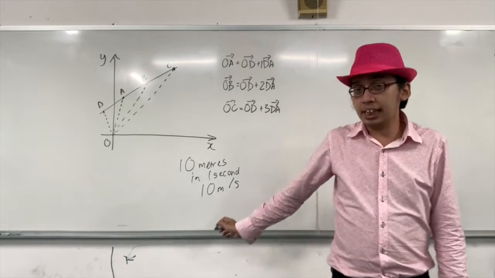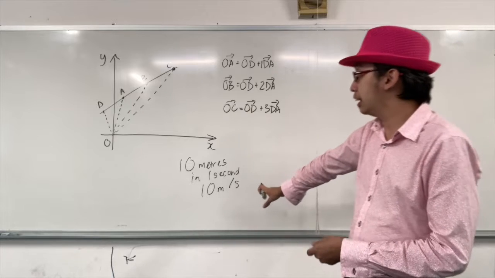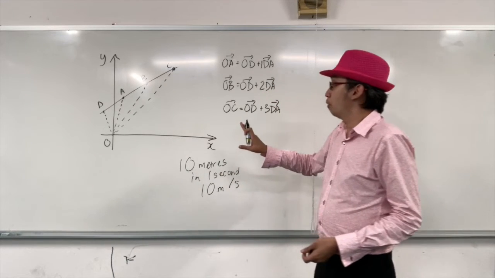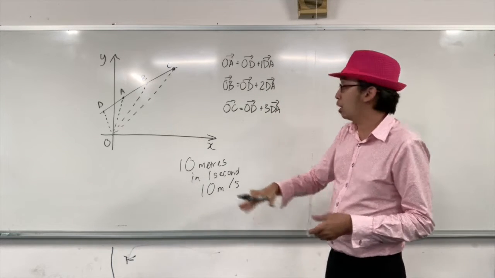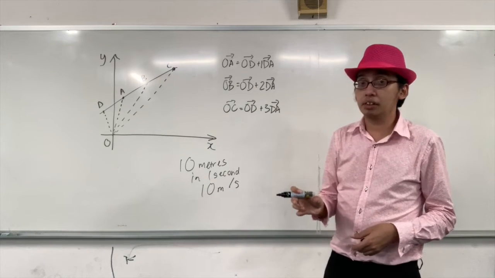But 10 meters per second is speed; because we are talking about direction, this is actually velocity. So what we have discovered is that the numbers 1, 2, and 3 are actually the time, whereas the dA is actually the velocity.